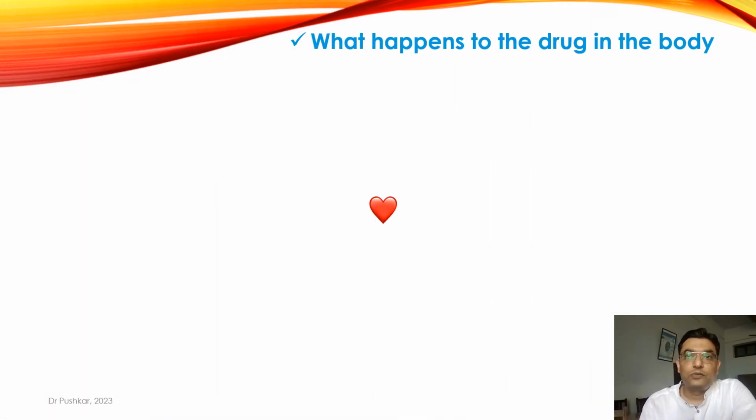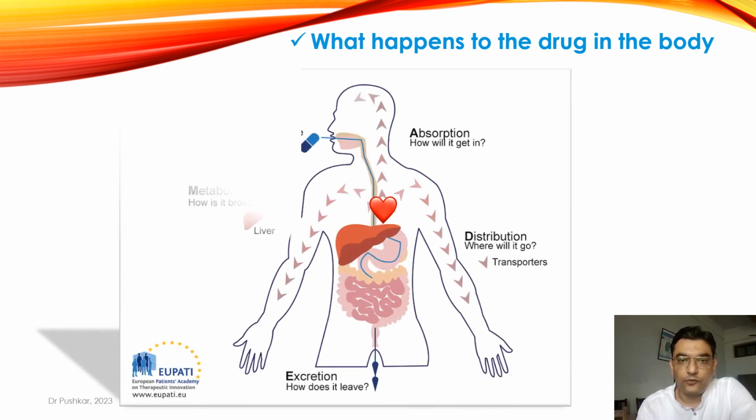After absorption, what will happen? The drug will distribute to the whole body, and it will also pass through the liver, which is the main metabolic house in our body.